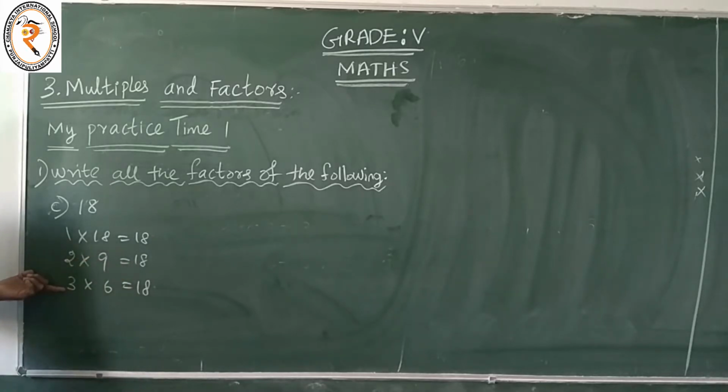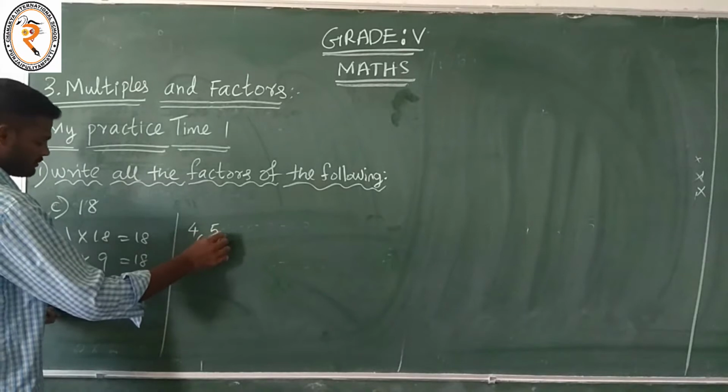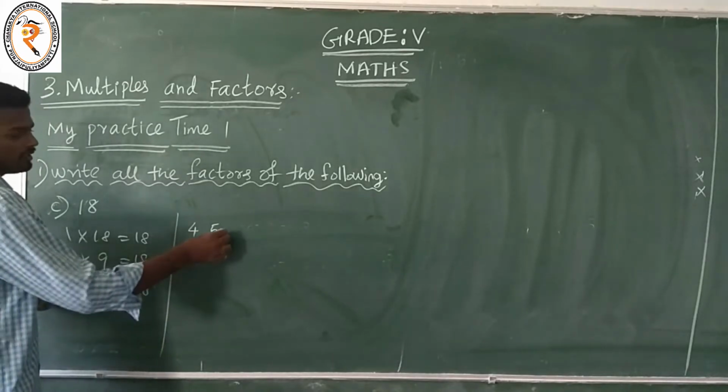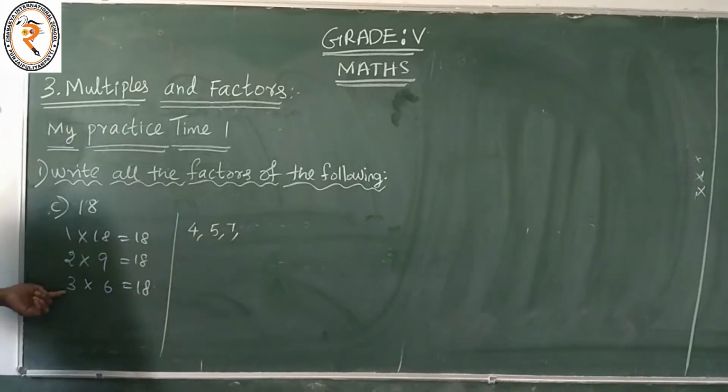First table, 1 18 is 18. Second table, 2 9s are 18. Third table, 3 6s are 18. Fourth, fifth table not. Sixth table, 6 3s are 18. Seventh and eighth tables not in 18.